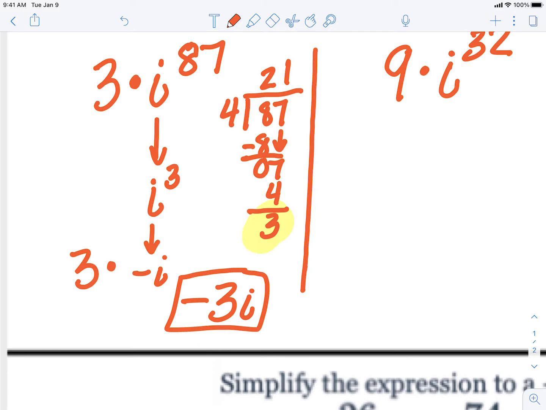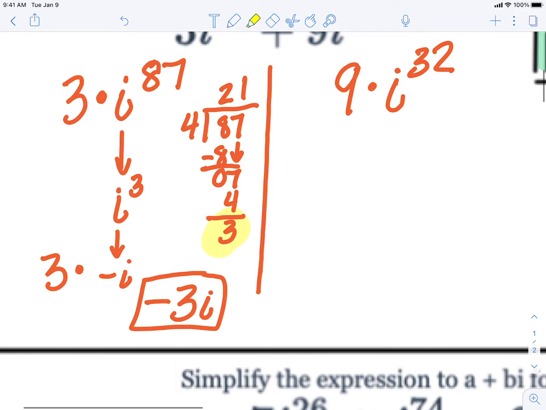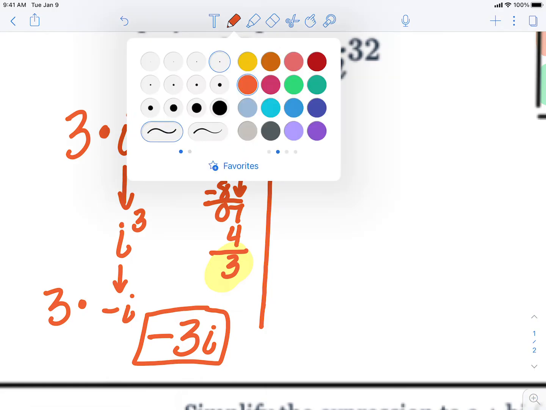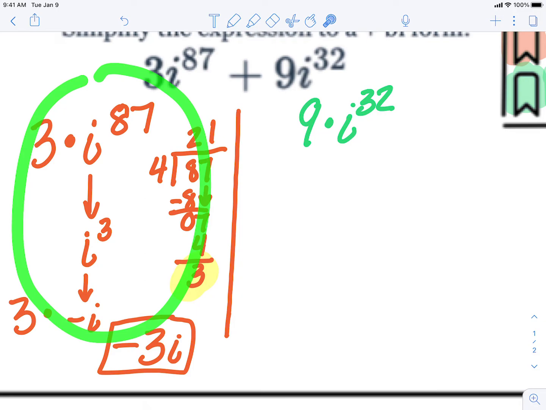So I took care of my first term. Actually, let me do this in a different color, so I could differentiate. 9 times i to the 32nd. I'm going to do the same exact steps that I did for this side.